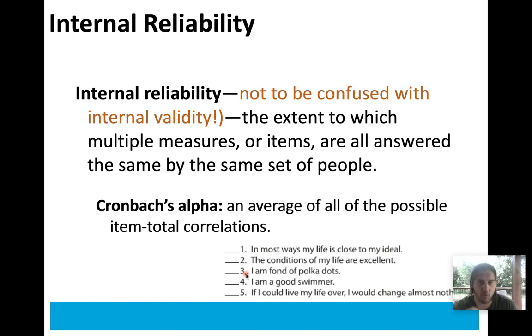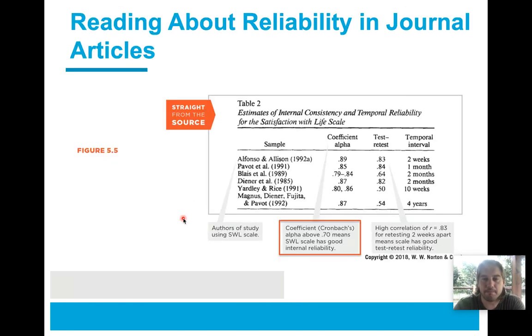So of course, there's a way that we can quantify this and assess internal reliability. It's called Cronbach's alpha. It's not super important for you to understand the mechanics or the math behind its calculation. Just know that it's basically doing a whole bunch of what we call inter-item correlations, and it's getting an assessment of how much the items correlate with the other items.